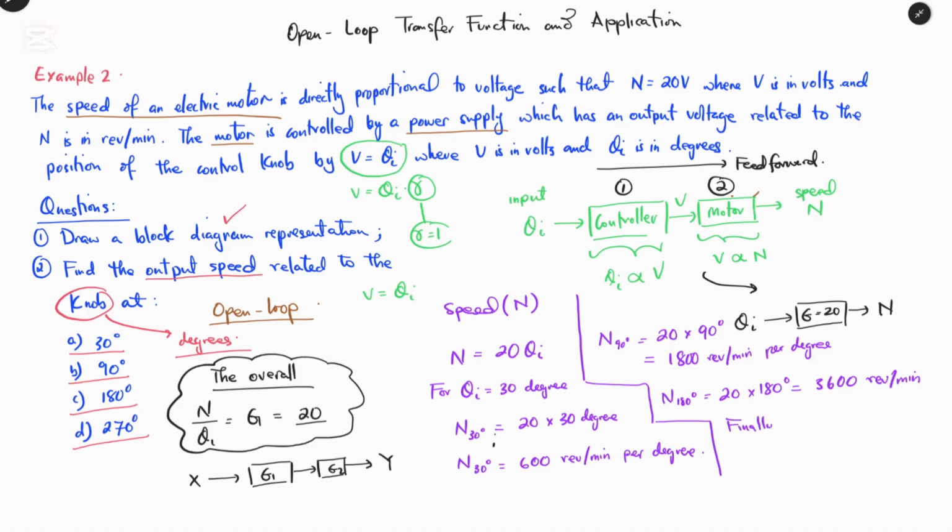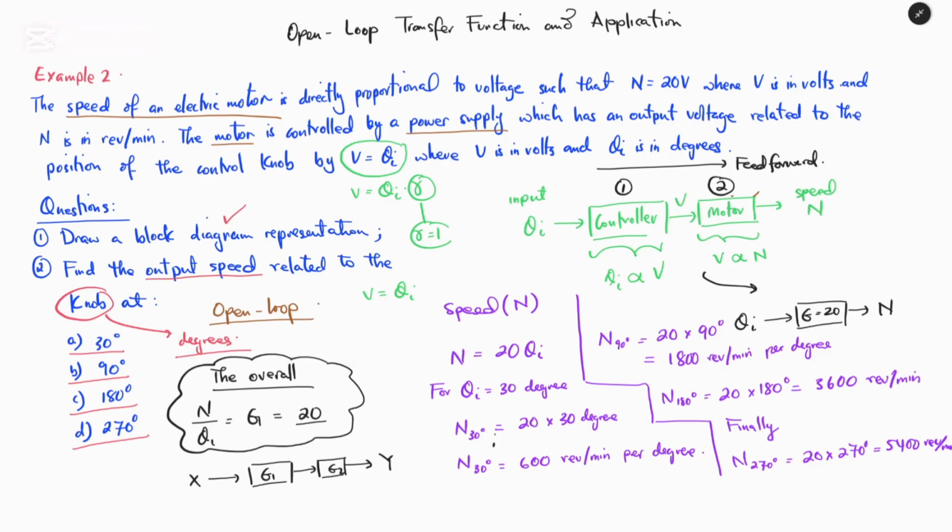And finally, we have 270 degree. We have 20 times 270 degree. We should have 5400 revolutions per minute. And this shows that as we increase the knob, we are increasing the speed.